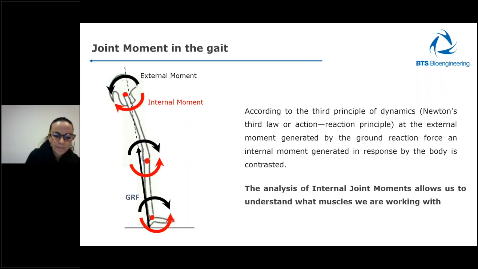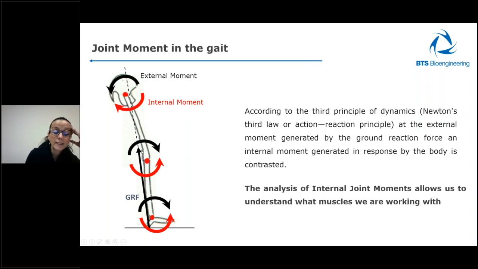If this internal reaction of our body was not present, when the foot contact with the ground occurs, the foot would fall down because it was subjected to the external plantar flexor moment.